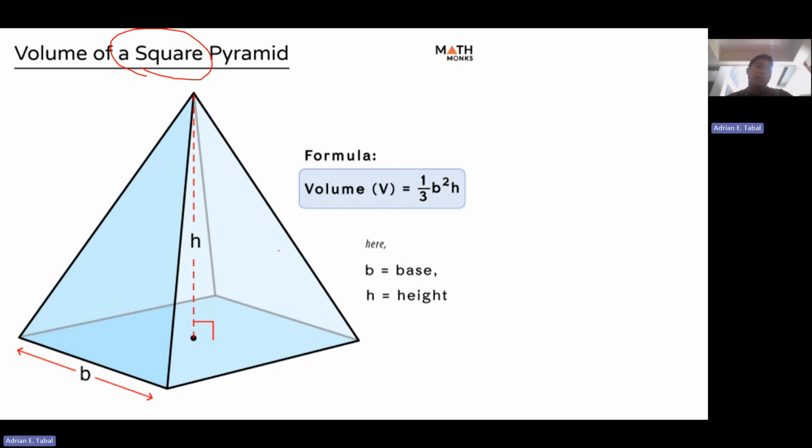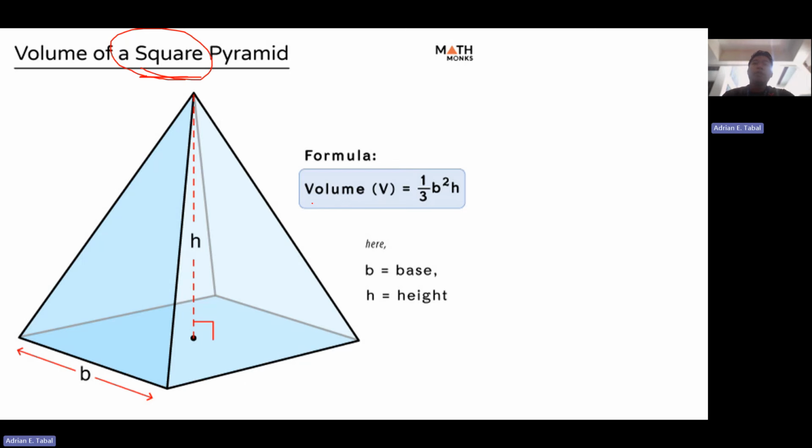Not totally square, but rectangular. The name of the pyramid will be the shape of its base. If its base is a square, that's a square pyramid. If the base is a rectangle, that is a rectangular pyramid. If it's a triangle, that is a triangular pyramid. So today we are going to talk about the square and triangular pyramid.